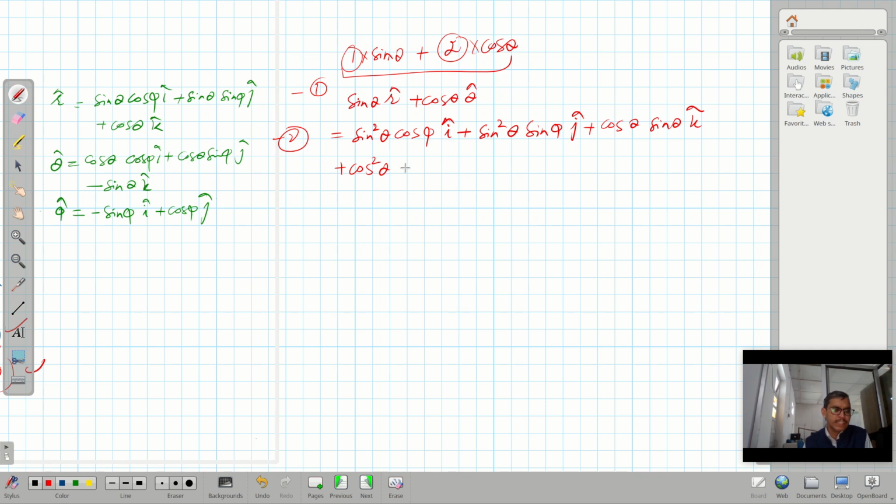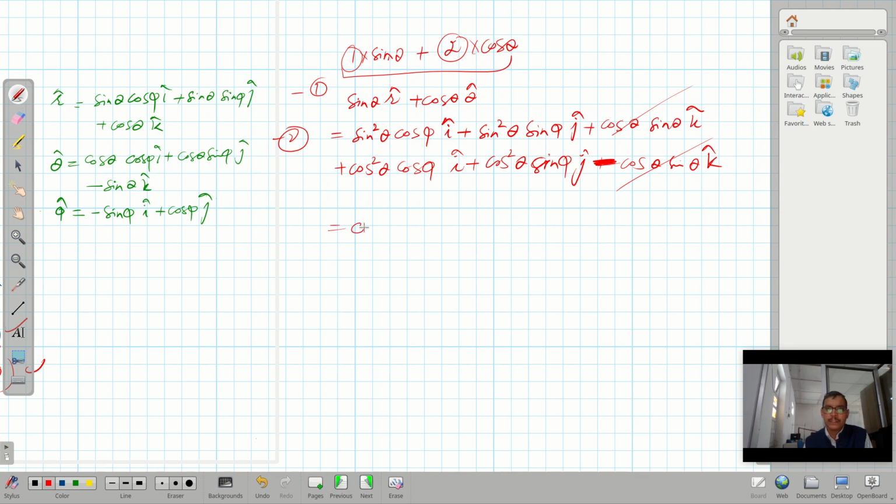plus cos square theta cos phi i cap plus cos square theta sin phi j cap, sorry, minus will be here, minus cos of theta sin of theta k cap. So this will cancel out. So what it will be?